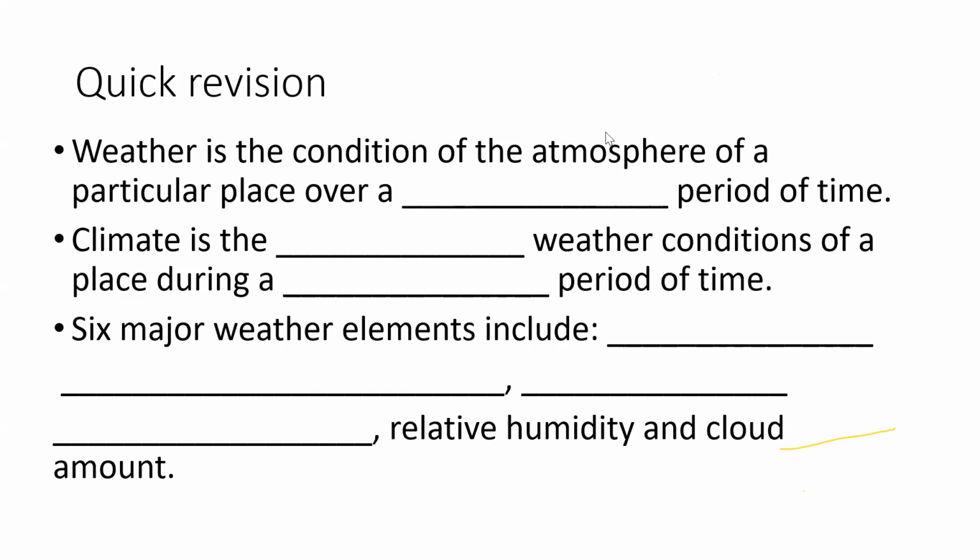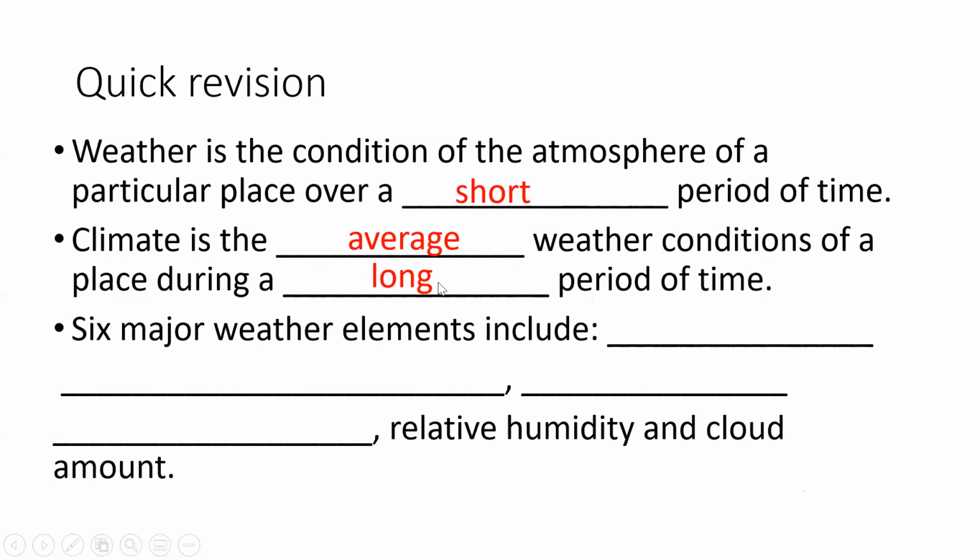Weather is a short period of time, and then climate is the average weather conditions of a place during a long period of time. Remember, weather is short. Climate is average weather conditions over a long period of time.